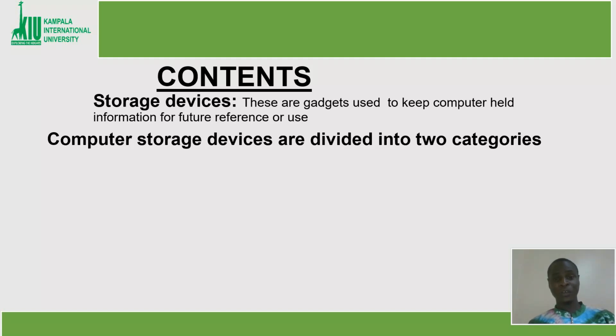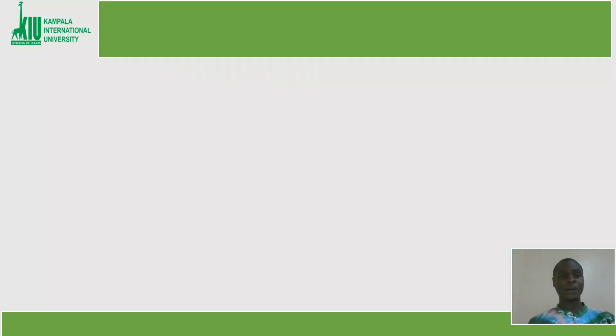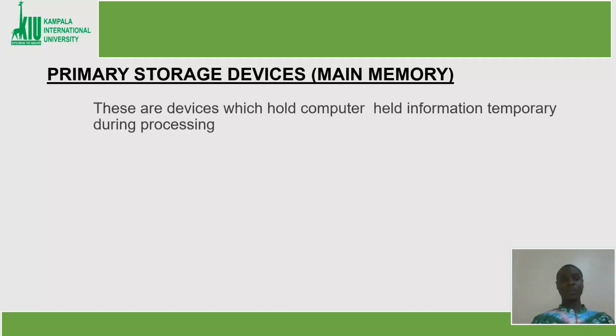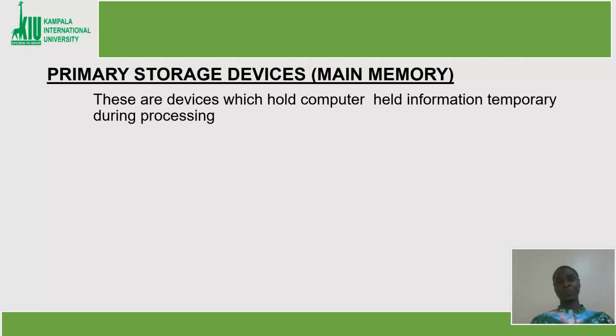Computer storage devices are divided into two categories. Number one, we have primary storage devices. Number two, we have secondary storage devices. Primary storage devices, or main memory, are devices which hold computer held information temporarily during processing.